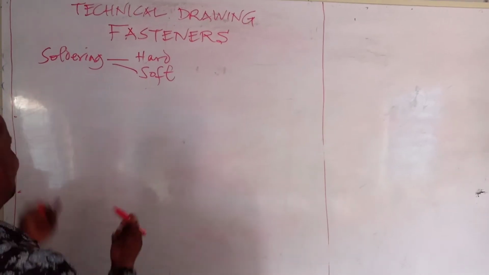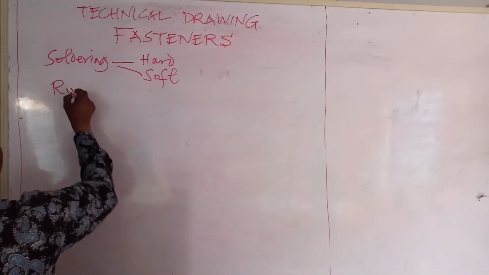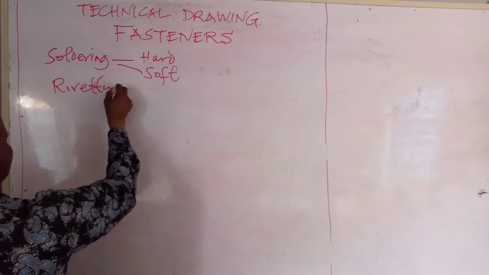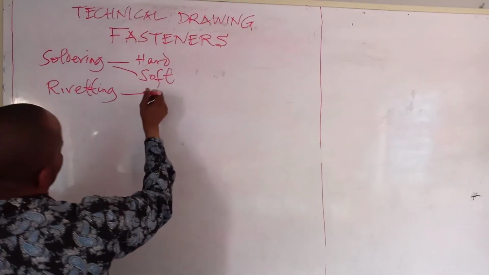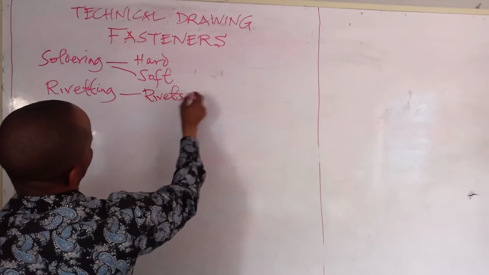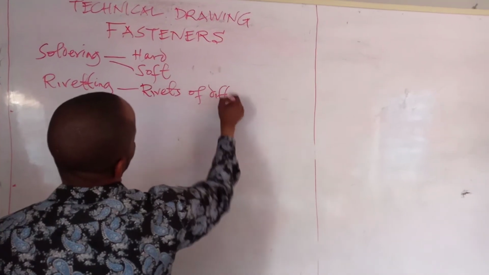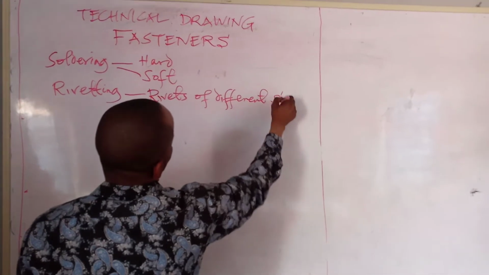So we can also have what we call riveting, the use of rivets of different shapes.